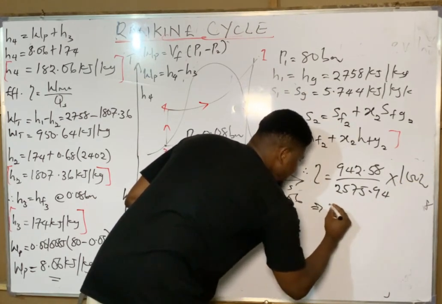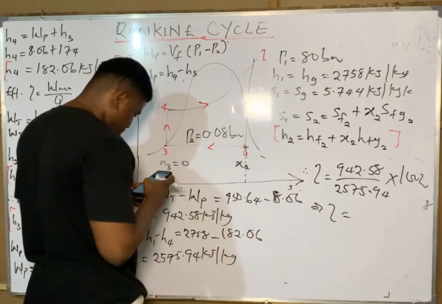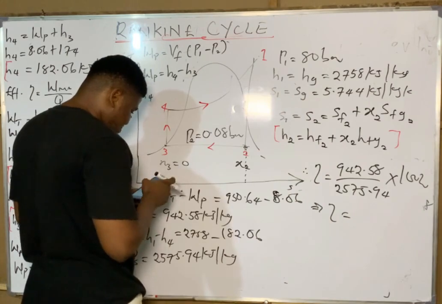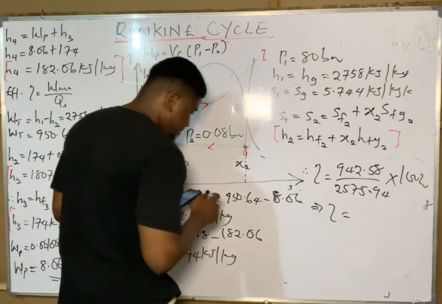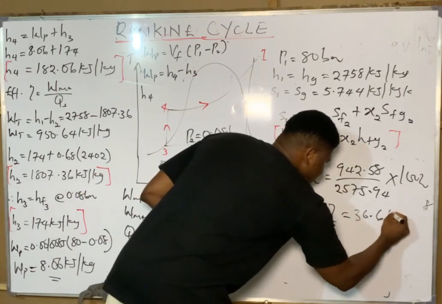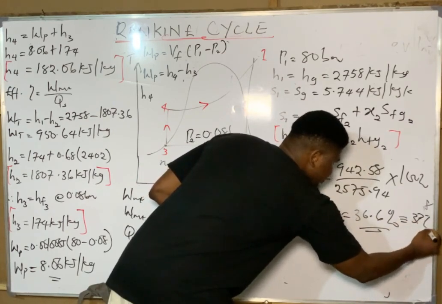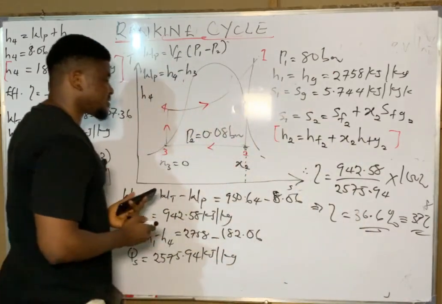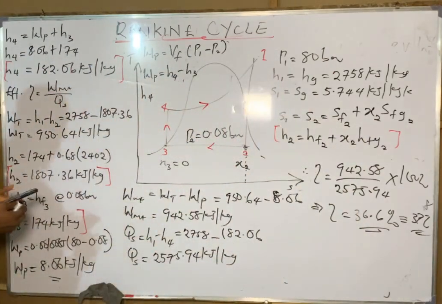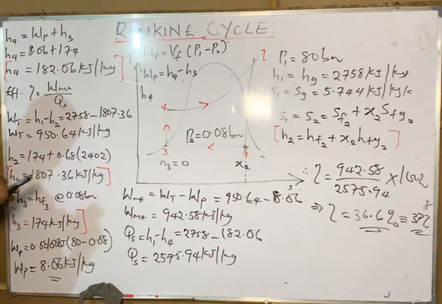That simply gives us approximately 37%. You can call that 36.6%, or approximate to 37%, whichever. But that's the cycle efficiency. So the first question is answered.